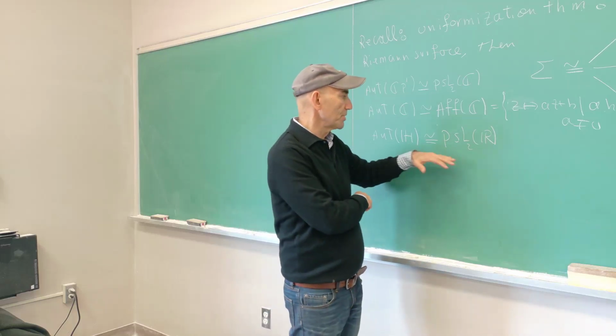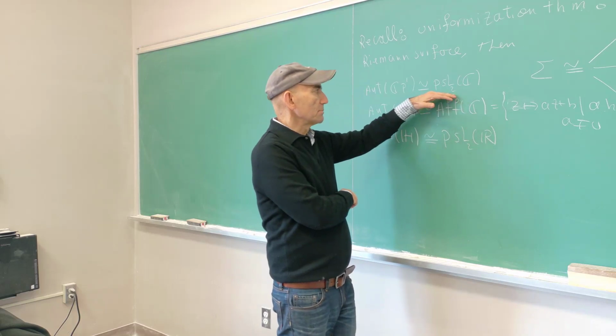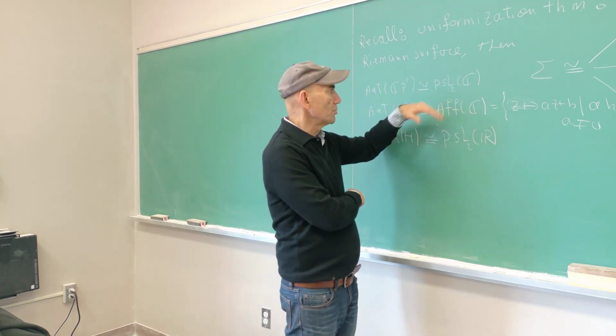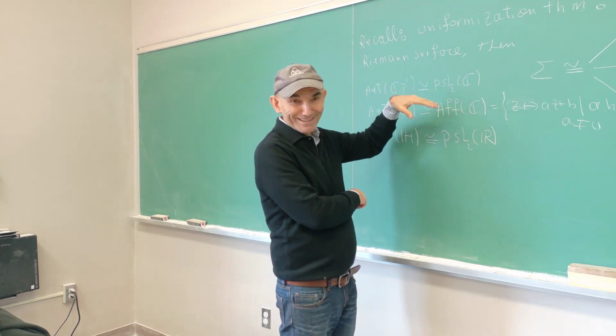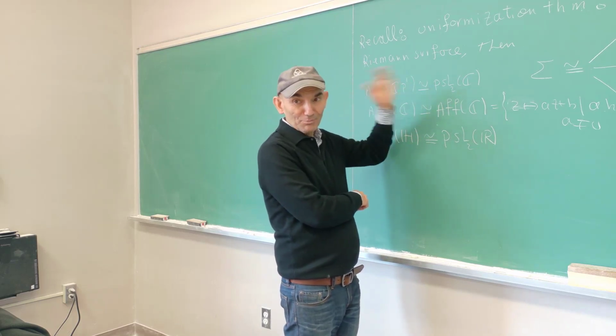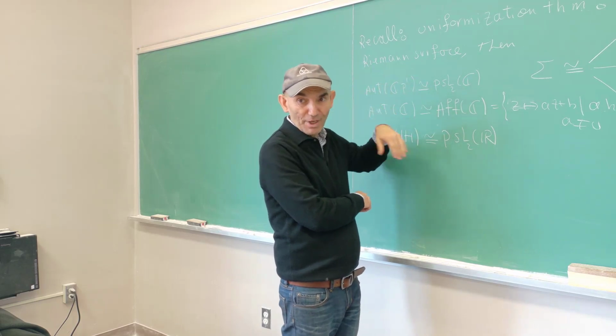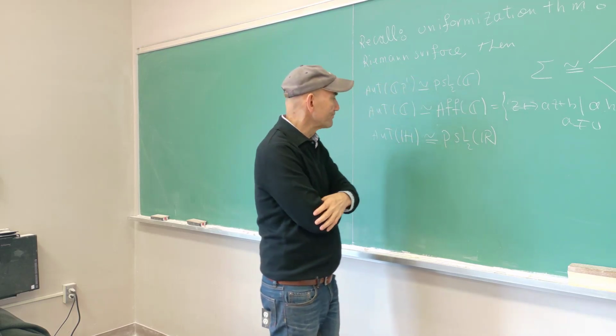This is a complex Lie group of complex dimension 3 and real dimension 6. So CP1 has much larger symmetry in a way.